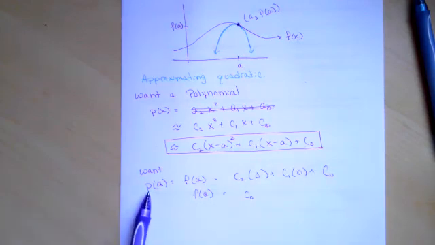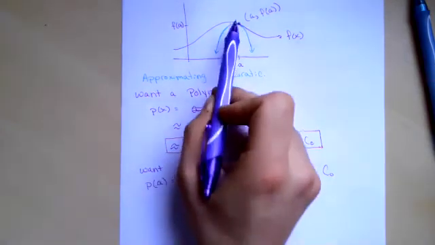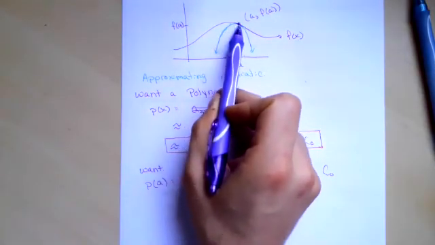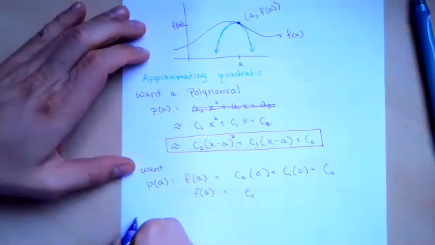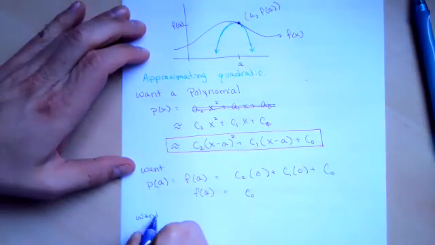Well, we don't just want the function to match at that given point. If it's going to closely approximate this function, what else do we want? We want the derivative to match.